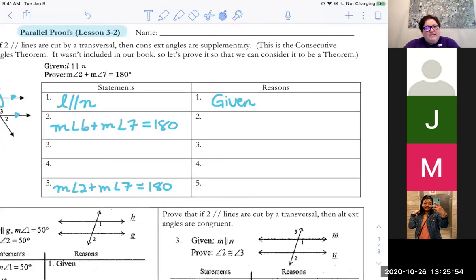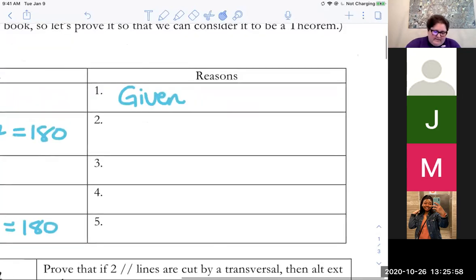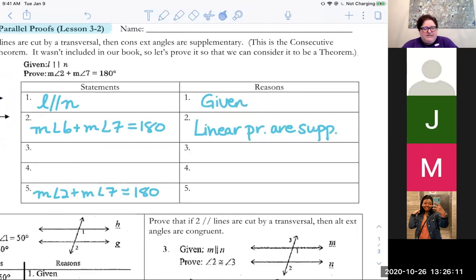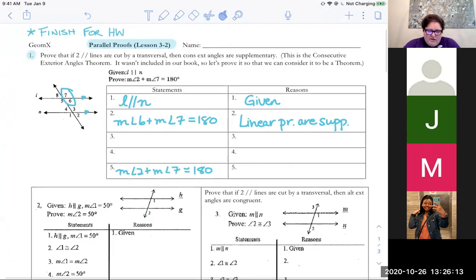You're saying they're a linear pair, therefore they're supplementary. So what you'll write is linear pairs are supplementary. Or you can write if two angles are a linear pair, then they're supplementary. It's not the definition of linear pair because you didn't just identify them as being a linear pair. You've actually said they are adding up to 180 in addition to being a linear pair.